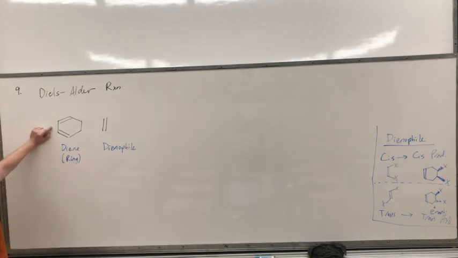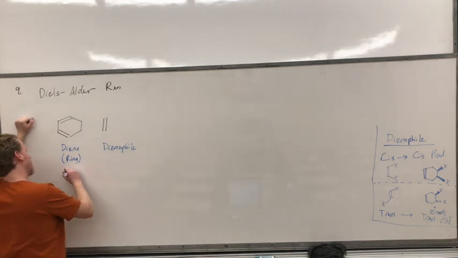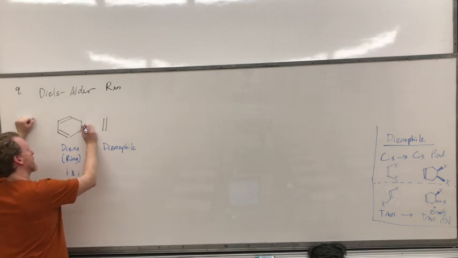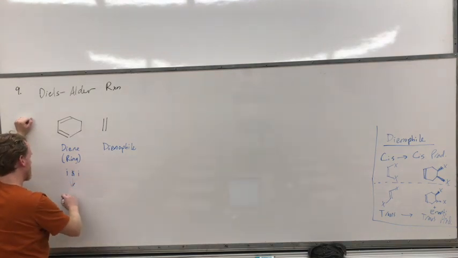The diene in the ring here, it's two groups. How would you describe them? Are they both pointing in, both pointing out, or one in, one out? They're in and in. And so this is in, that's in. And then, so we're going to get a cis product in terms of those groups.